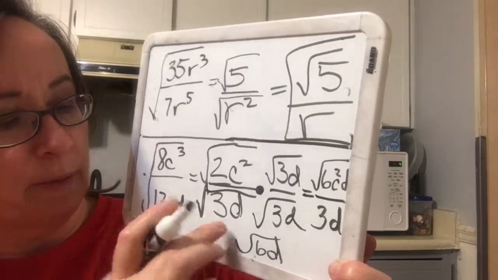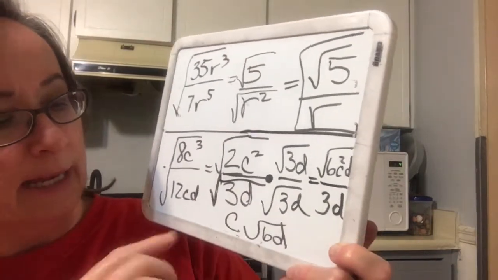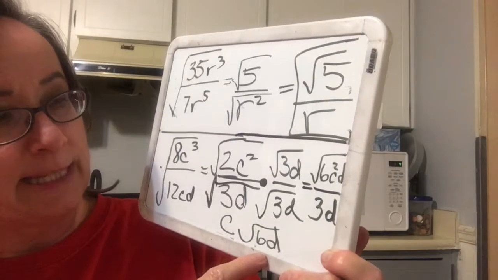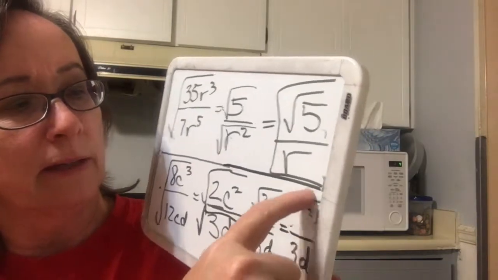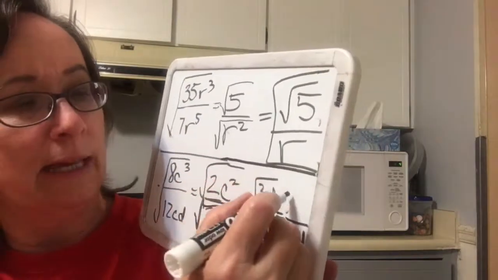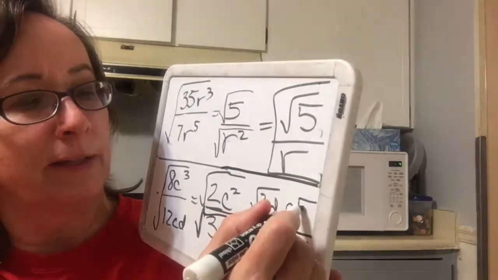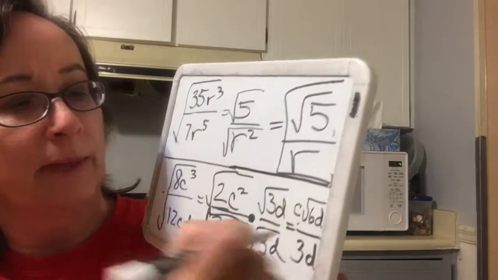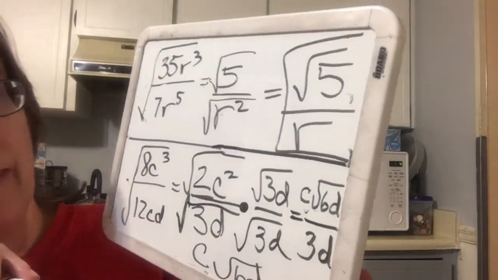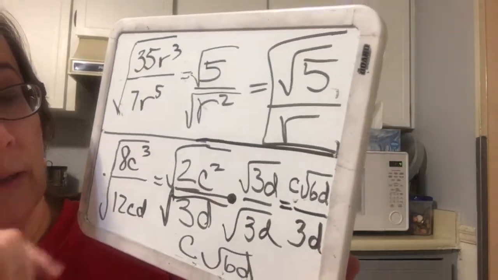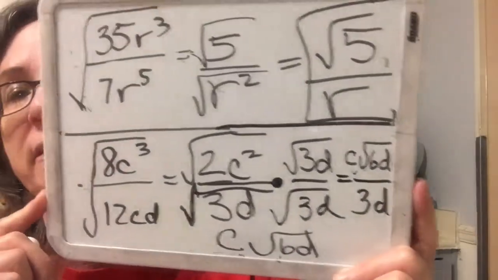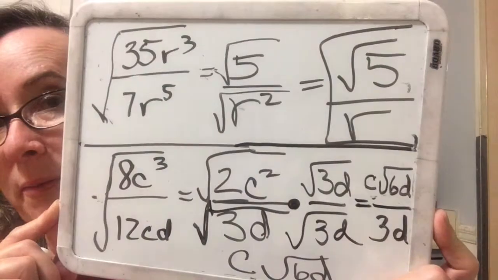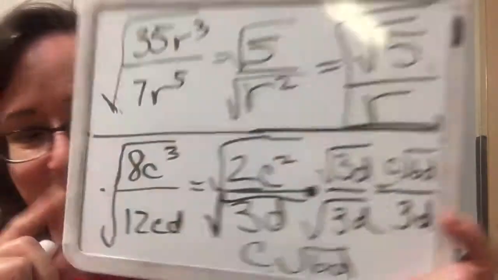Square root of c squared becomes a c, and I end up with c square root of 6d. So we're just going to pull this one out and put c times the square root of 6d. And since none of the outside things can cancel, and remember, something inside the radical cannot cancel with something outside the radical.